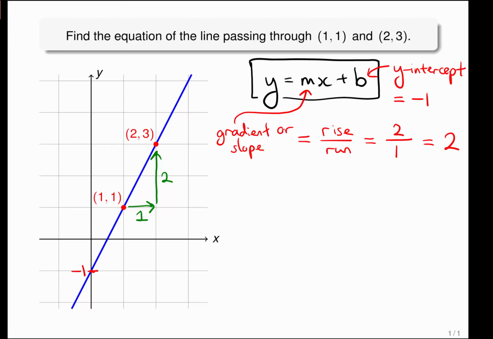Now, the gradient, defined by the ratio rise over run, effectively tells us how quickly the y values are changing with respect to the x values. Here, the gradient of 2 indicates that the variable y is increasing twice as quickly as x.